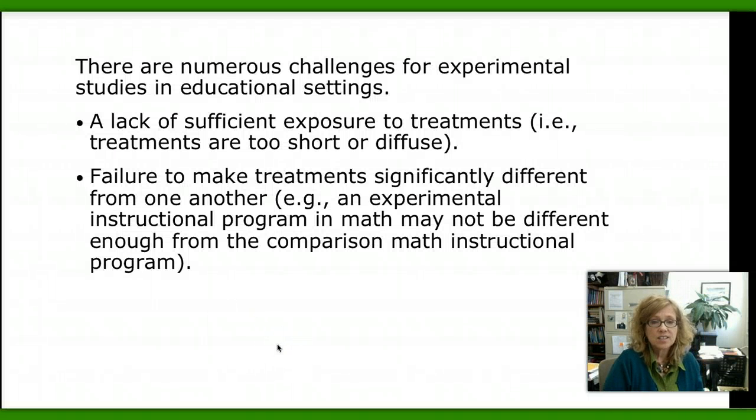Another challenge is failure to make treatments significantly different from one another. For example, an experimental instructional program in math might not be different enough from the comparison math instructional program for the control group to show a real difference.